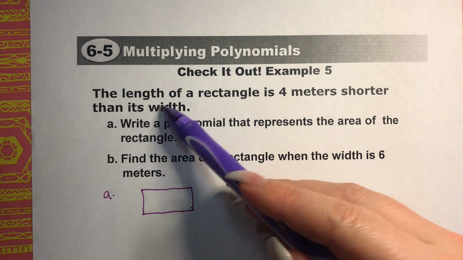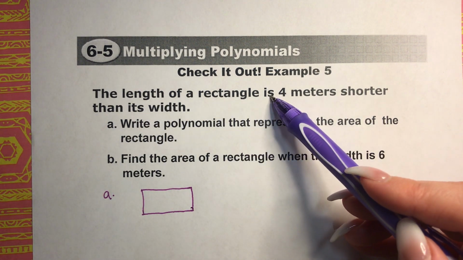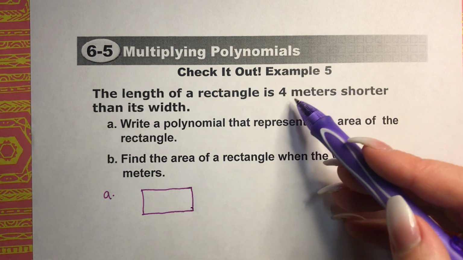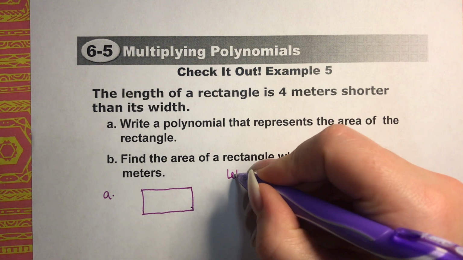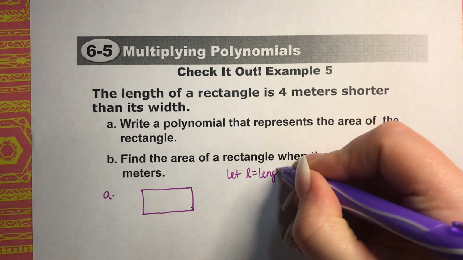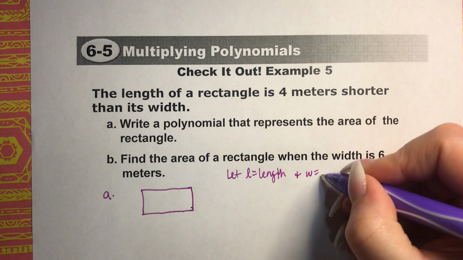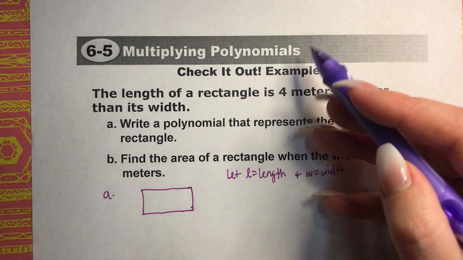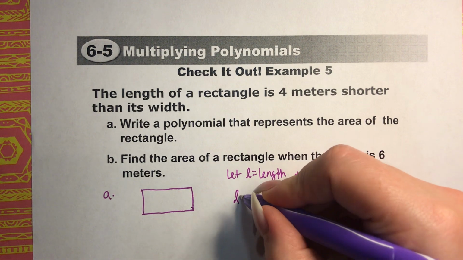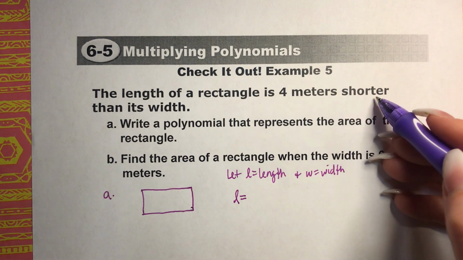Okay, it says the length of a rectangle is 4 meters shorter than its width, right? So we could say let L equal length and W equal width, defining our terms. So the length of the rectangle is, so that means L equals 4 meters shorter than.